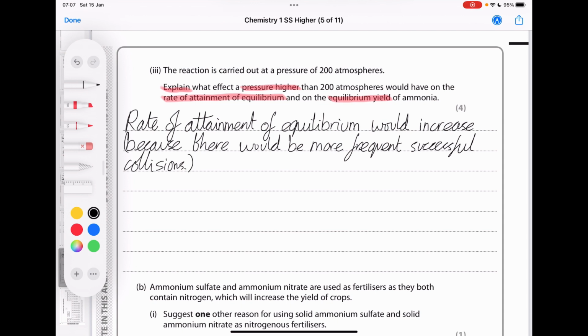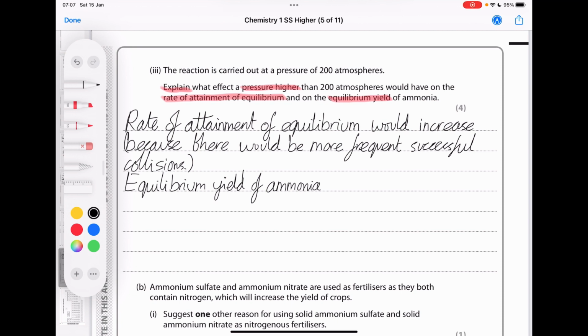The next point is to say the equilibrium yield of ammonia, because in an equilibrium I can reform my products and therefore could be talking about the equilibrium yield of nitrogen and hydrogen.